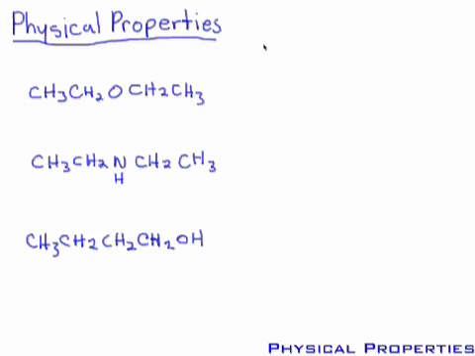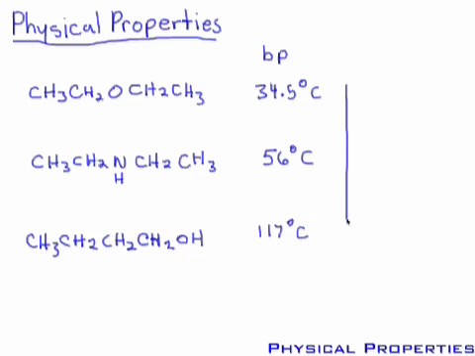And we compare the boiling points. 34.5 degrees C for diethyl ether, 56 degrees C for diethylamine, but 117 degrees C for butanol. The reason for this increasing trend in boiling point as we go down is as follows. Diethyl ether lacks hydrogen bonding and so has the lowest boiling point.